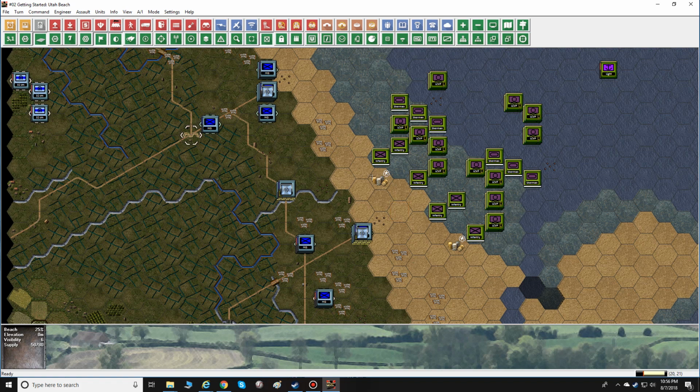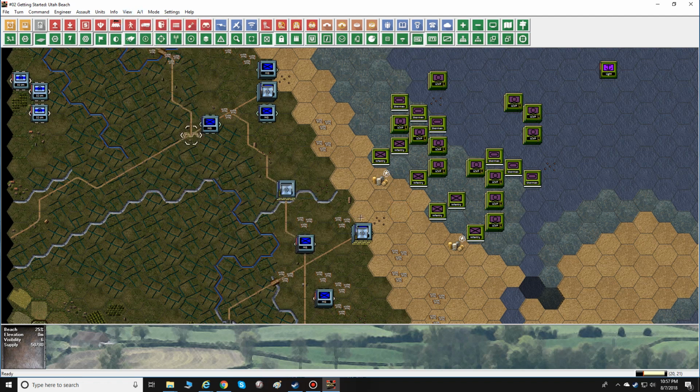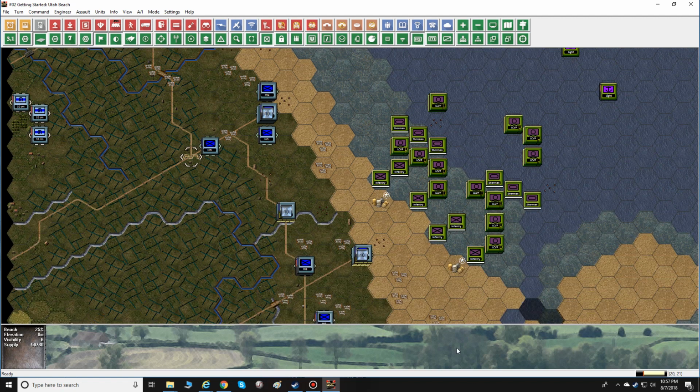But if you play other scenarios or bigger scenarios, you'll start to have more and more different colors, and that represents the different units that make up your different divisions. If we go to View, go to Highlight, we can highlight our headquarters here. There is no headquarters in this one.